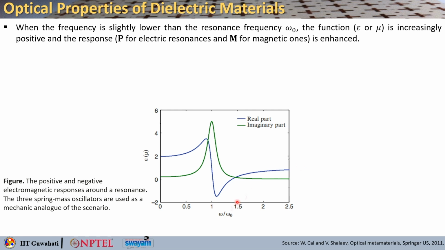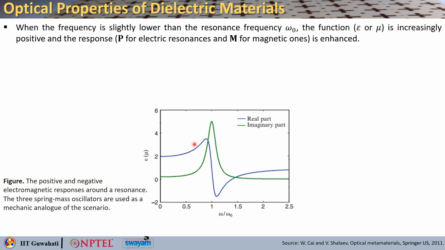However, when you are at a frequency slightly lower than the resonance frequency omega naught, say you are kind of here, you see that your epsilon or mu for that matter, let's just talk only in terms of permittivity right now, epsilon, is an increasingly positive function.